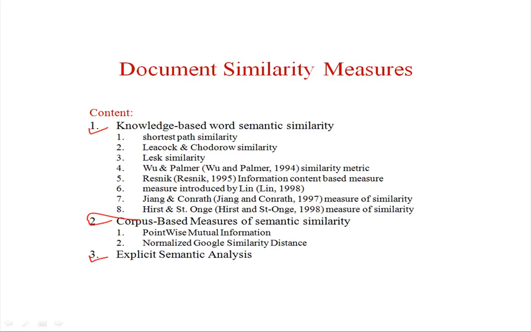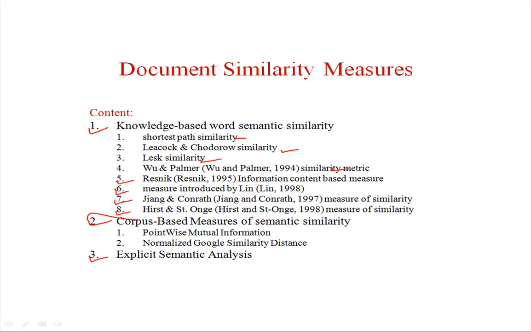In knowledge-based word semantic similarity, we will cover the shortest path similarity, Leacock-Chodorow similarity, Lesk similarity, Wu-Palmer similarity, and Resnik's information content-based measure, the measure introduced by Lin, Jiang and Conrath, and Hirst and St-Onge's measure of similarity.